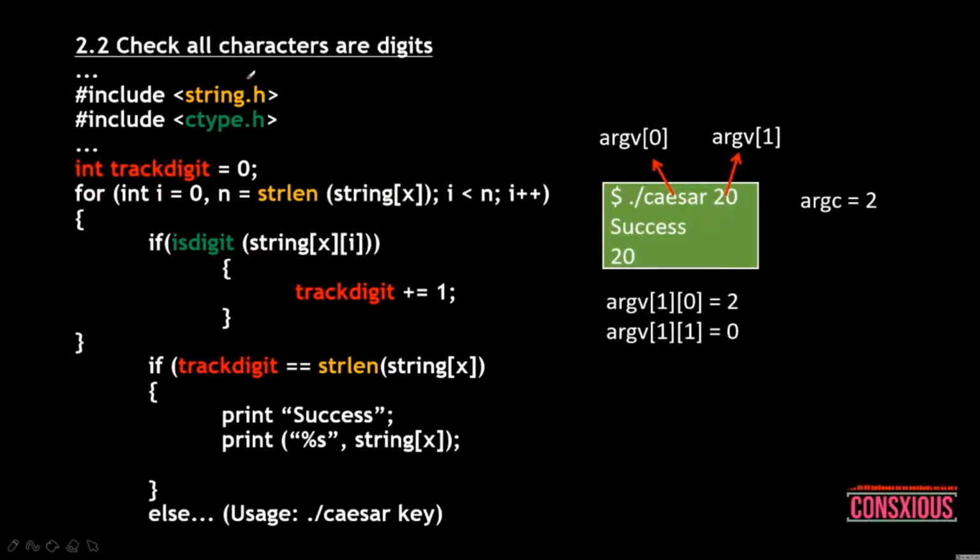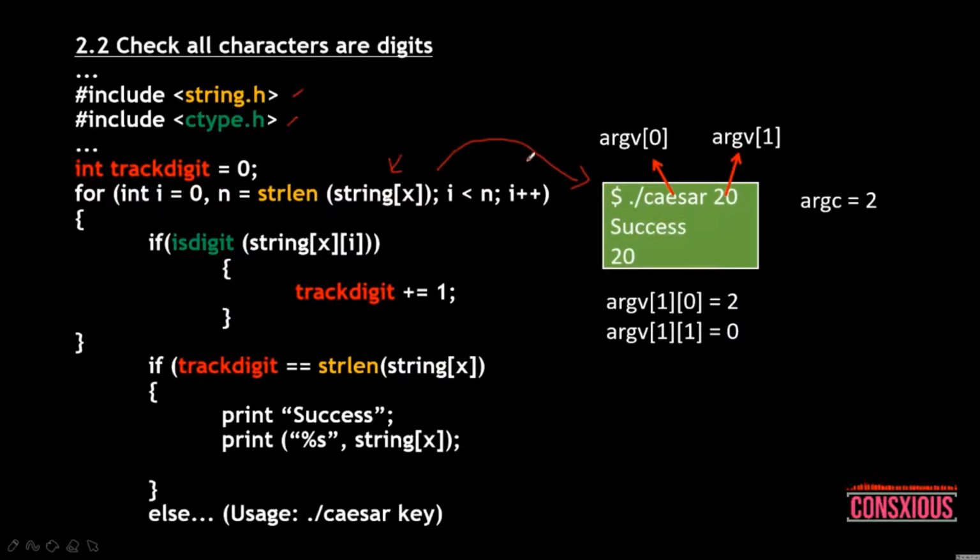Okay. So we're going to include these 2 libraries here. Just now we talked about the tracking system. We have to initialize integer track digit equals to 0 here. So the for loop: i equals 0, and i less than string length of string x. So what is this string x? String x is directly linked to here.